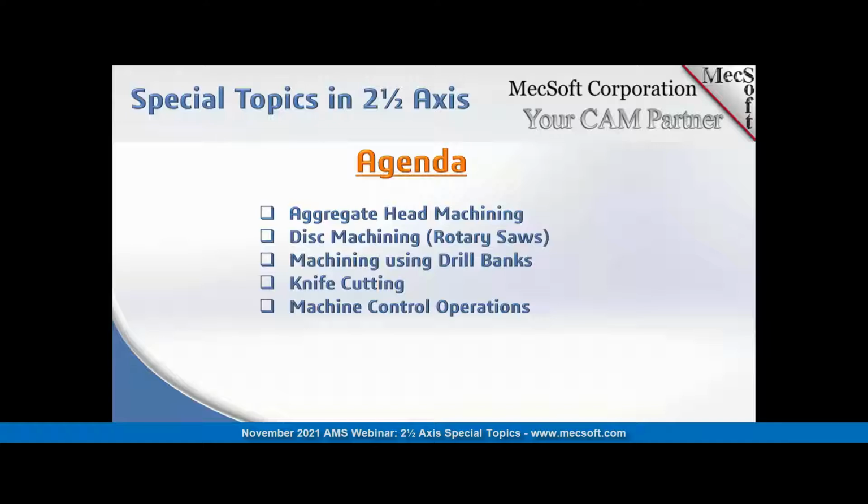This is an operation that's been in our suite for a couple of years, and we'll go over two different types of knife cutting, a swivel knife and a drag knife. And then we're going to wrap it up with how to use machine control operations in your posted G-code files. Okay, so let's get started.